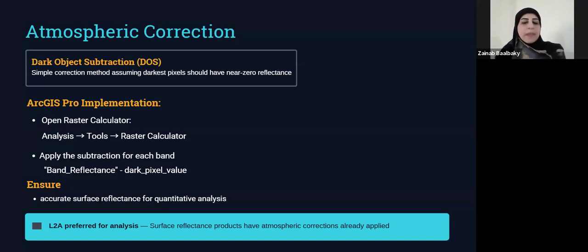Whenever possible, it's better to use L2A surface reflectance products as they come with atmospheric correction already applied. In ArcGIS Pro, we can open the Raster Calculator and subtract the dark pixel value from each band.